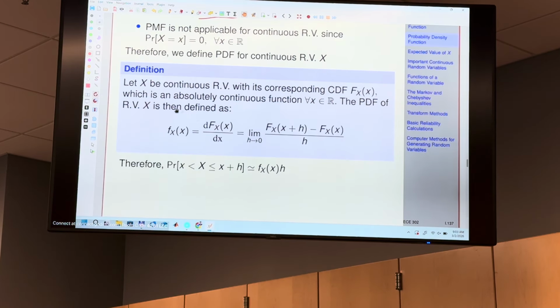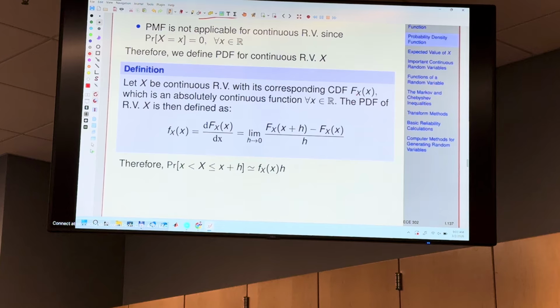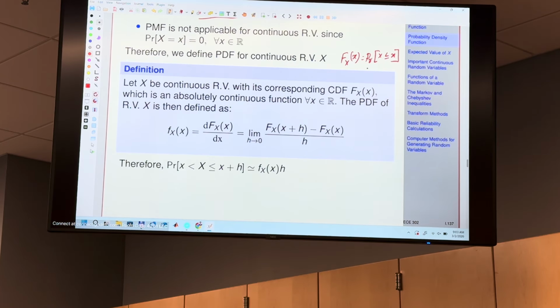So the definition of the PDF basically stems from the definition of the cumulative distribution function. We know that the cumulative distribution function F sub x, taking value x, by definition gives you the probability that the random variable X takes a value less than or equal to x, for all values of x from the entire range, from negative infinity all the way to positive infinity.